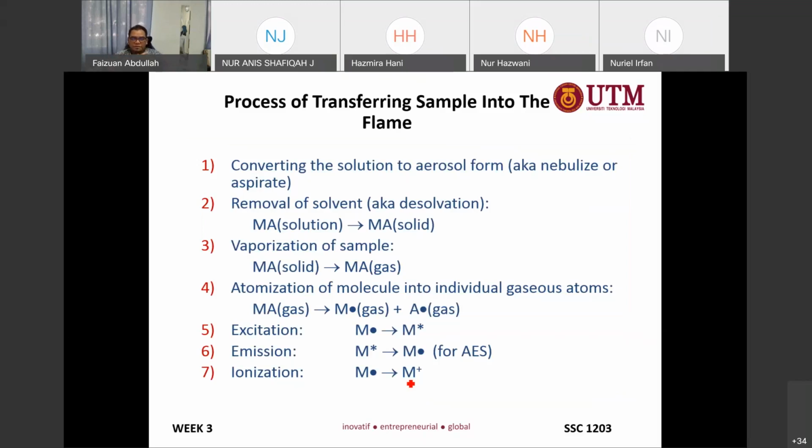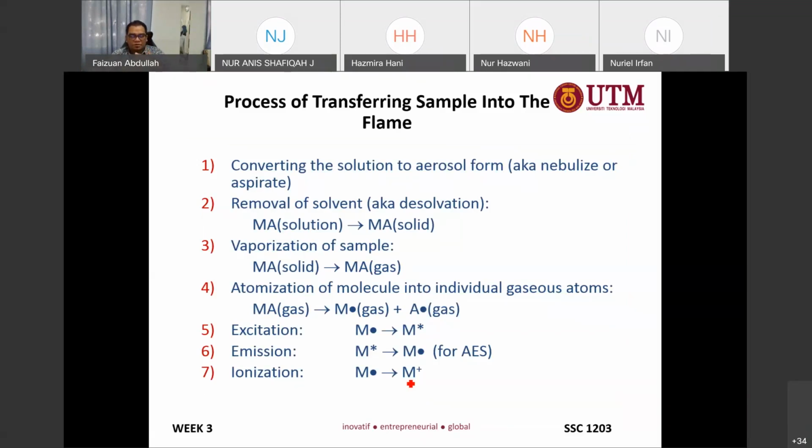So how do we transfer the sample to the flame? We have to convert the sample to aerosol form, also known as nebulized or aspirated. Then comes the removal of solvent.